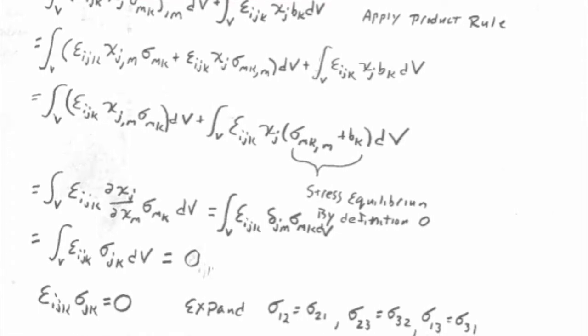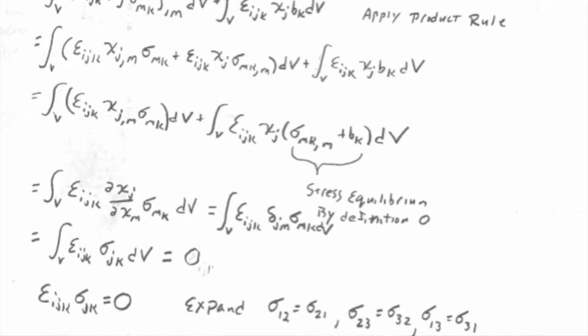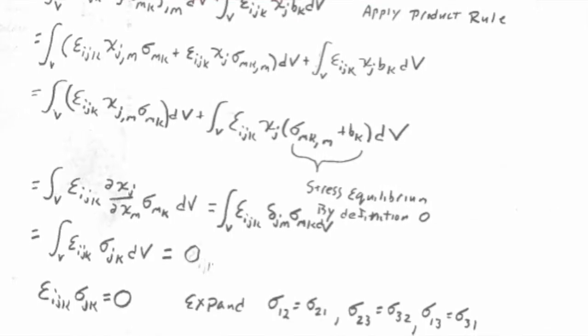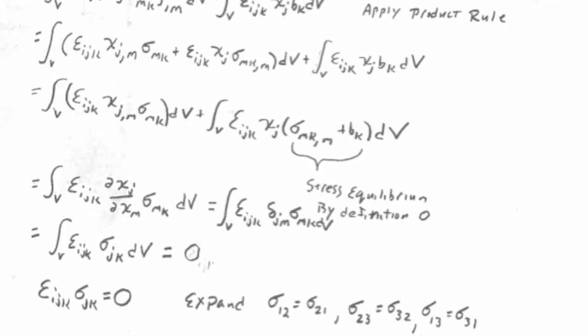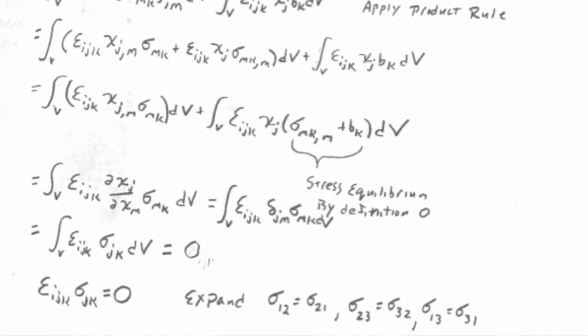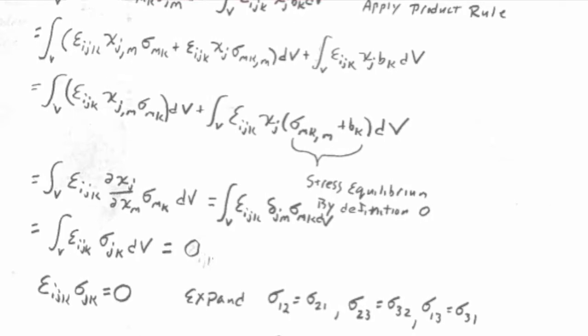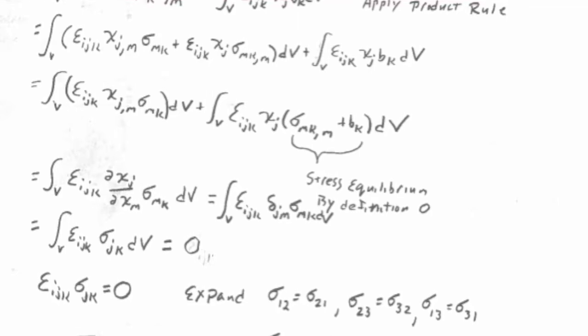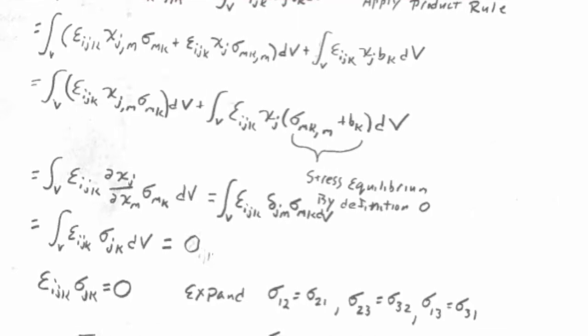Can you write that out? Oh, okay. Epsilon_ijk sigma_jk dV.